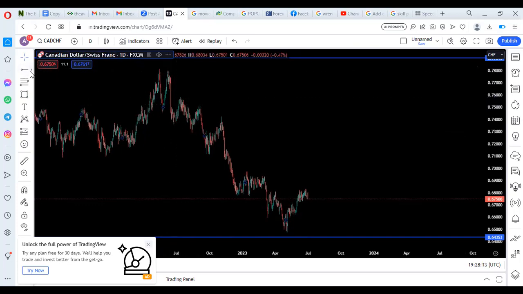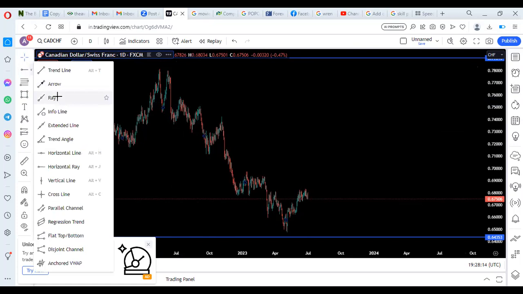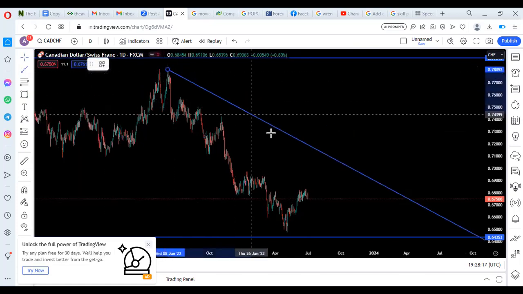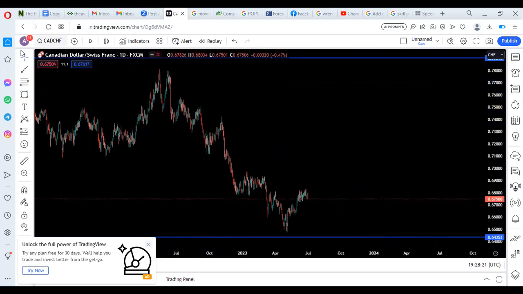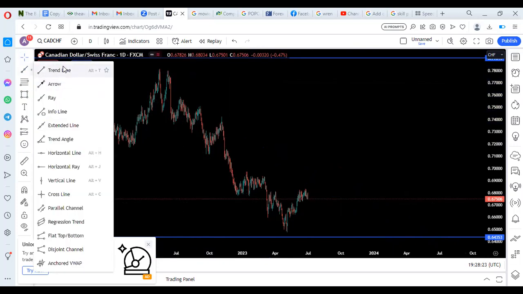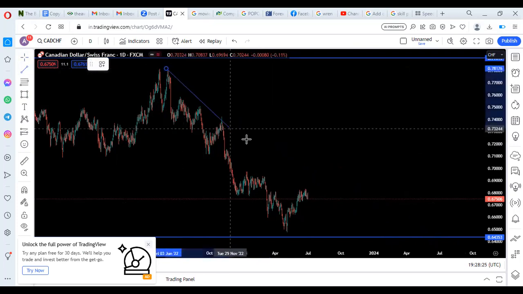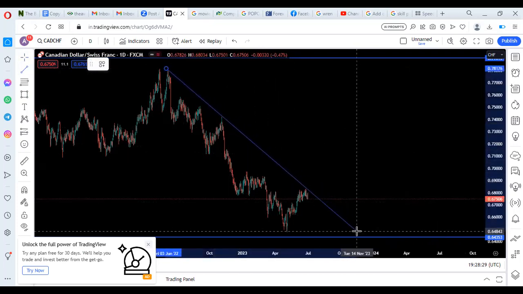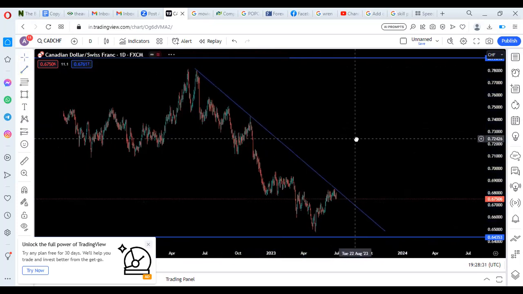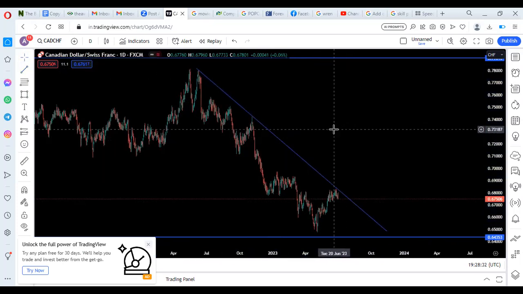I can draw a trend line and connect my trades together. I want to connect my trades together, I can take it this way. Every past reaction also dictates that there should be another thing going on.